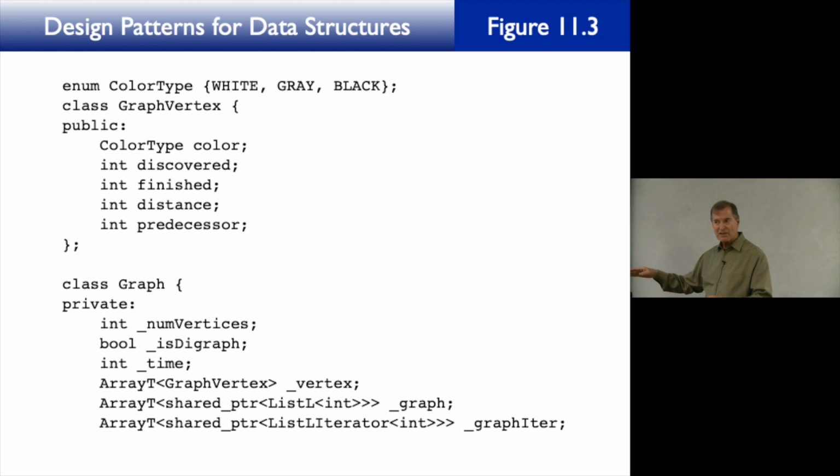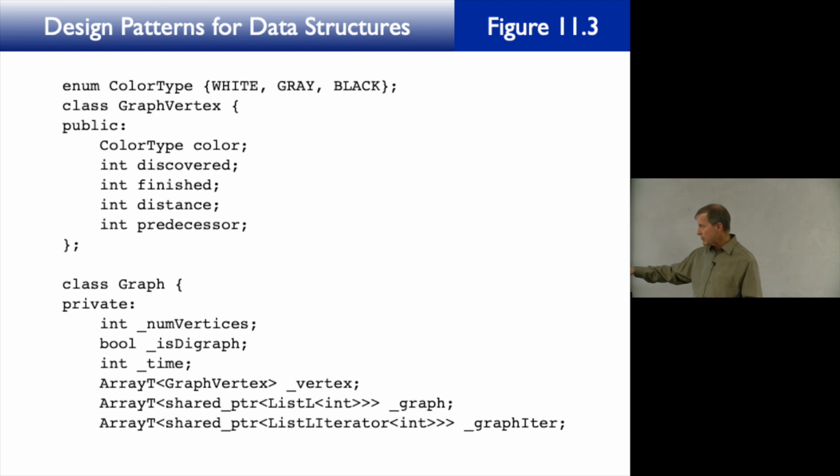This is why we set up the iterator for the list L. To do all this processing, we have to go down the adjacency list and get the data from each one. So we use this list iterator.